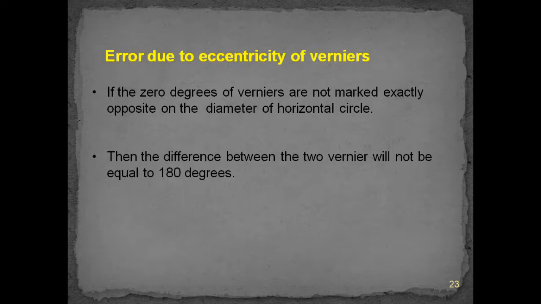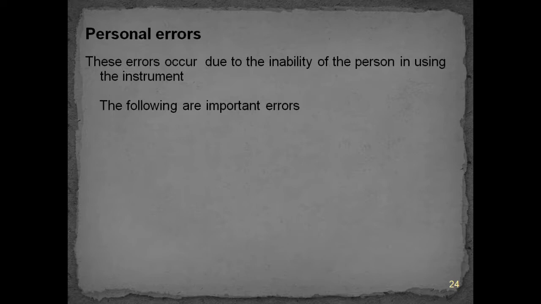Okay, so next, coming to personal errors. These errors occur due to the inability of the person in using the instrument. Inability of the person means the person is non-technical, first of all. He is not aware of the instrument.